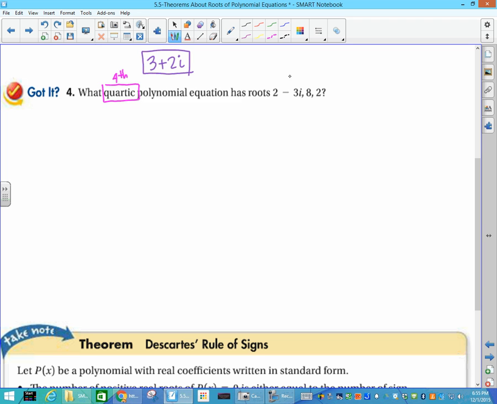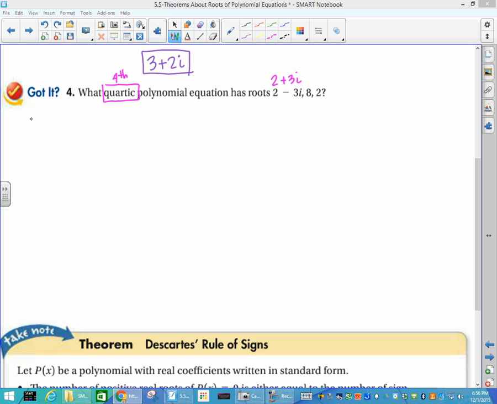So how many roots did they give me? 1, 2, 3. But it's quartic, and if I have 2 minus 3i, then I also have to have 2 plus 3i. So we're going to do what we did before. We're just working backwards with that process of solving things and our zero product property.